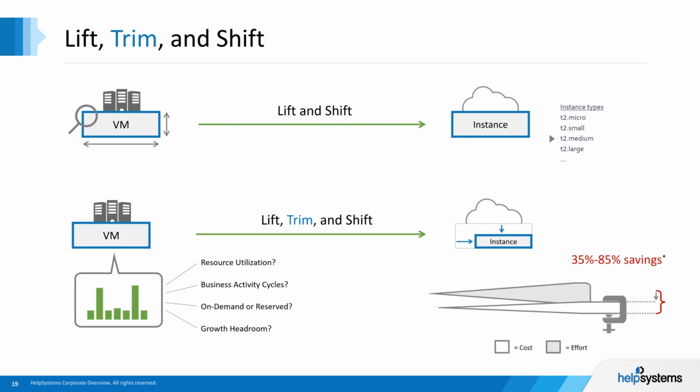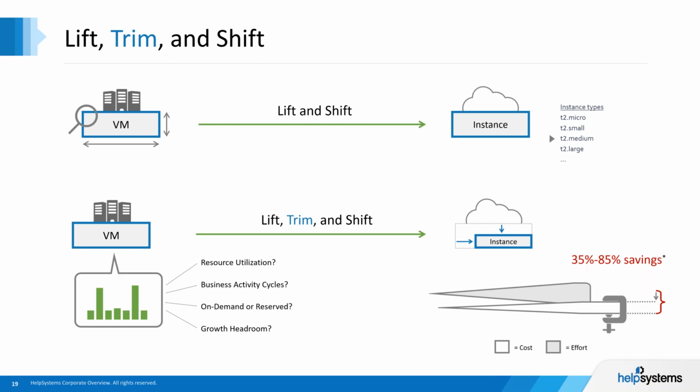So we've seen customers shaving 35 to 85% by doing this. So basically reducing the size of the instances that you provision in cloud and running your VMs there without any penalty or risking any quality of your service. So there's a huge potential by doing this.